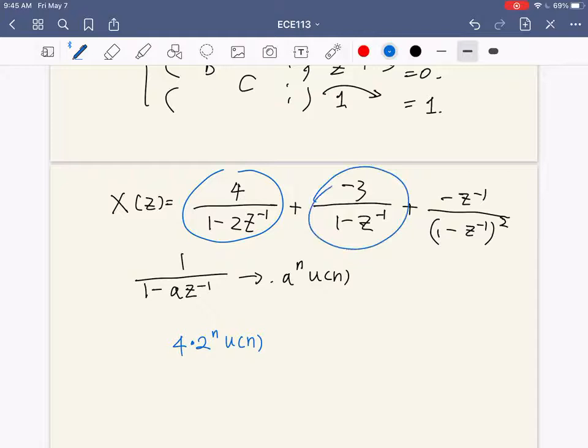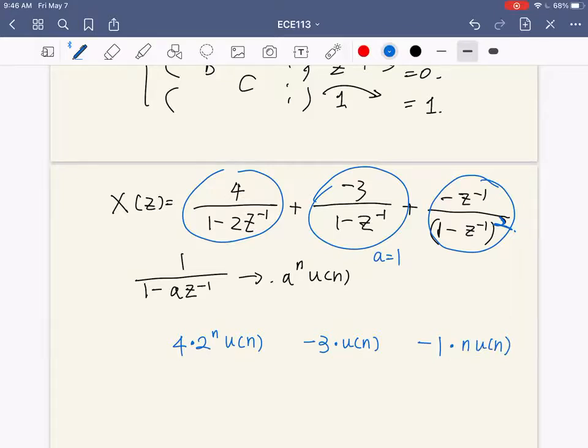For the second term, we get -3 times, so the a is equal to 1 here, so it should be a constant. And for repeating terms, by checking the table, this term corresponds to -1 times n u[n]. All right, and this is also one of the properties of the X of z.